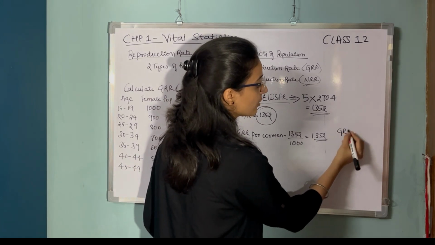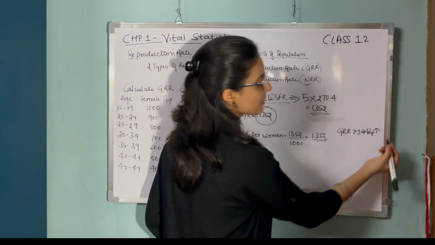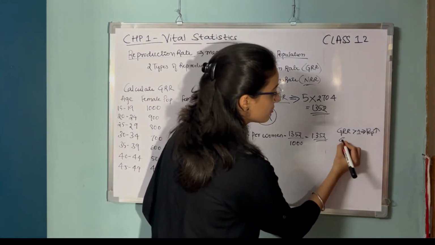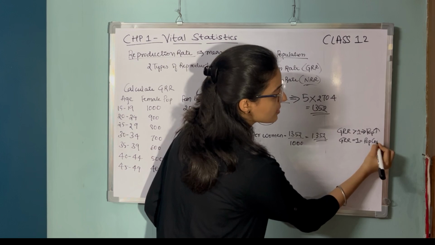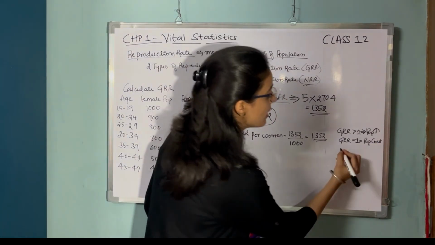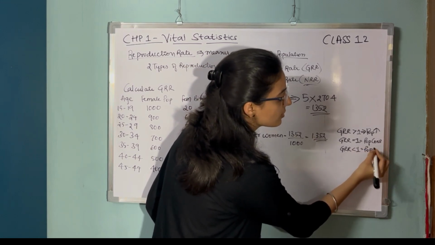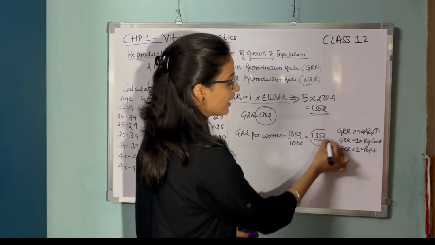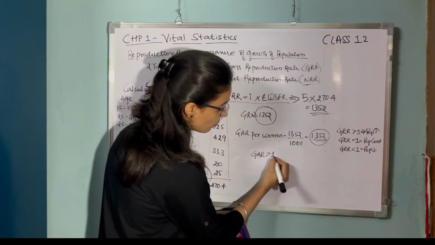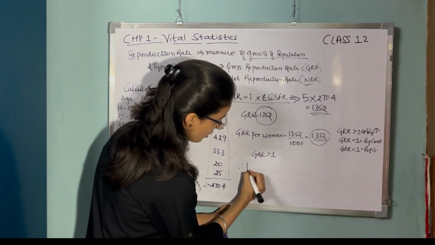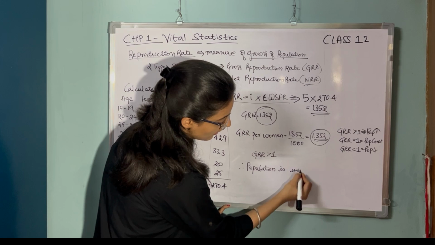If GRR is more than 1, population is increasing. If GRR is equal to 1, population is constant. If GRR is less than 1, population is decreasing. Here 1.352 is more than 1, so population is increasing.